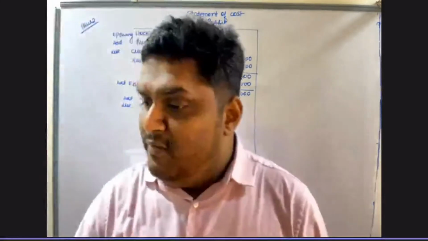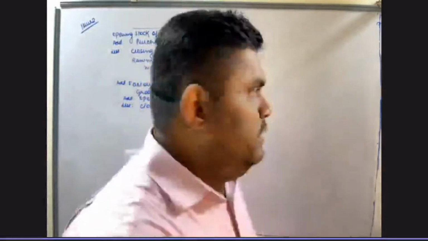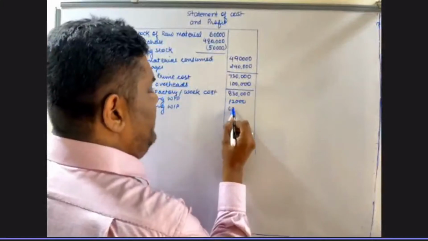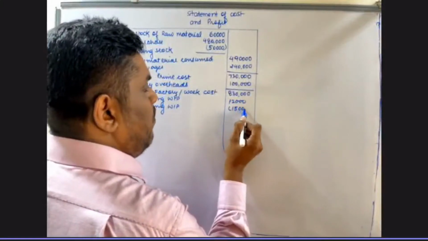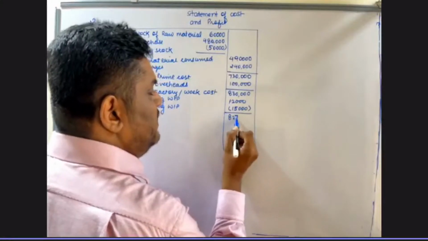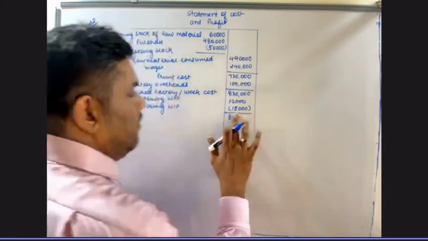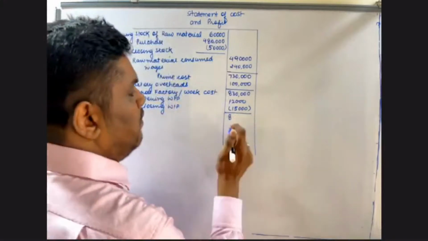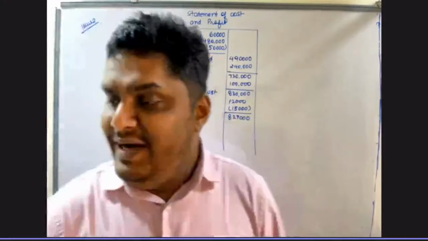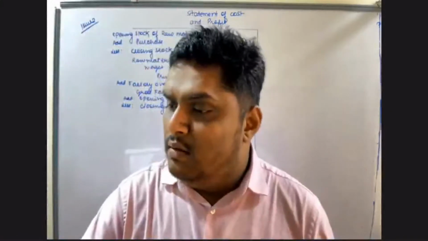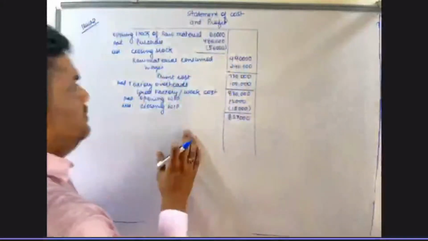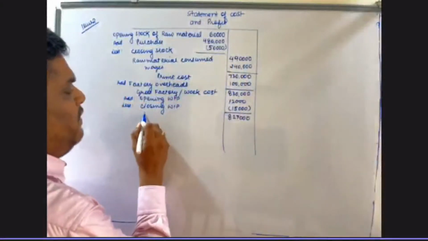Opening work in progress is given 12,000 and closing is 15,000. So this will be 8,27,000. That is 8,30,000 plus 12,000 minus 15,000. So this will be my factory cost or works cost.